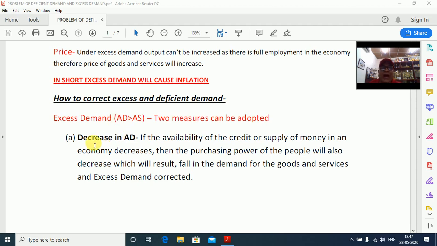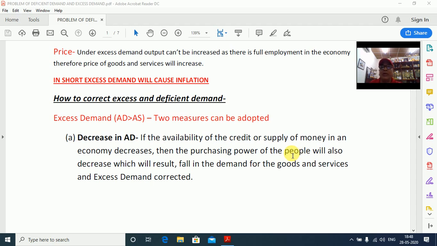So if we have to reduce the aggregate demand, what will we do? We will reduce the availability of credit or supply of money in the economy. When there will be less money available, when there will be less credit available, automatically what will happen to the purchasing power of the people? It will be less. If you have less money in your pocket, what will be your purchasing power? Less. If you have more money, more.